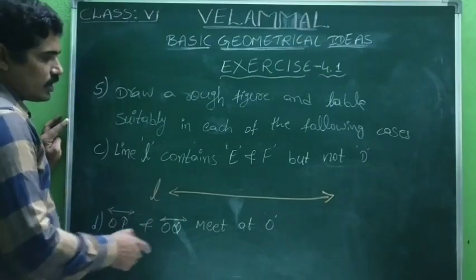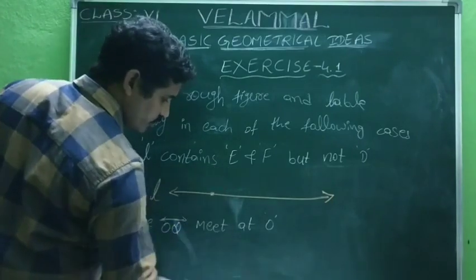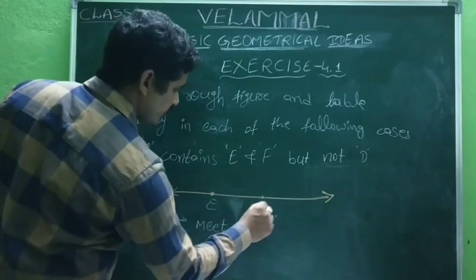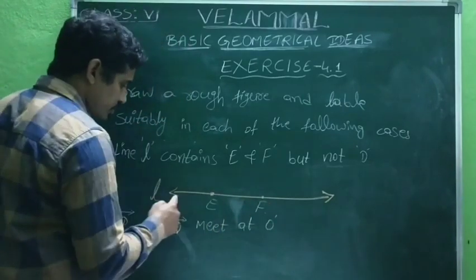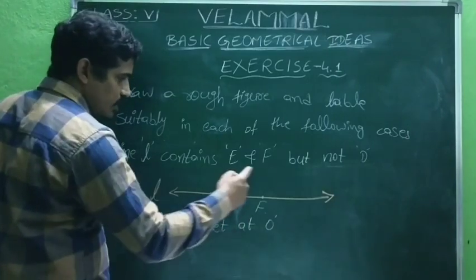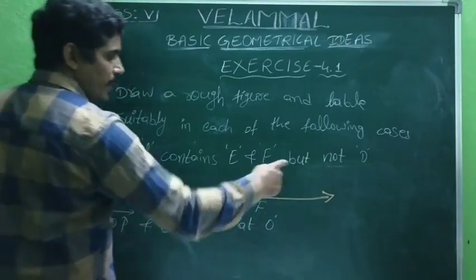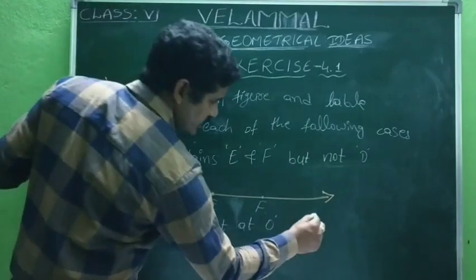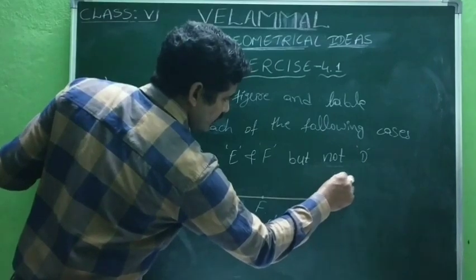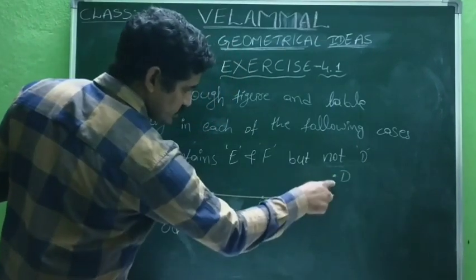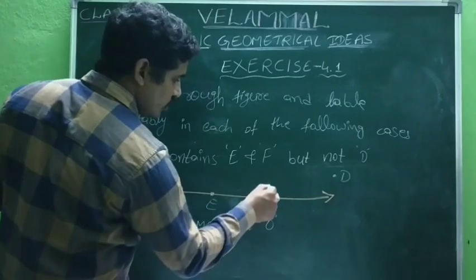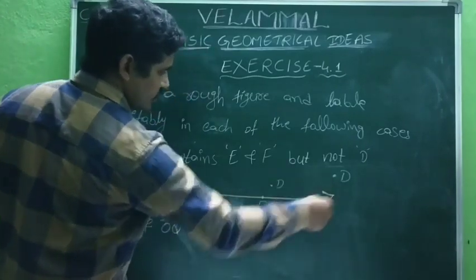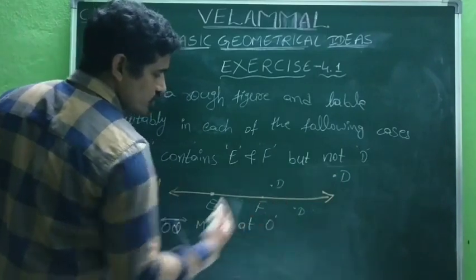On line L I am taking one point here, E, and another point as F. E and F are the two points on line L. Now, for D, I am taking the point D here, so D is not on the line through E and F. Or else we can take D here also, or here. Wherever, D should not be on the line.